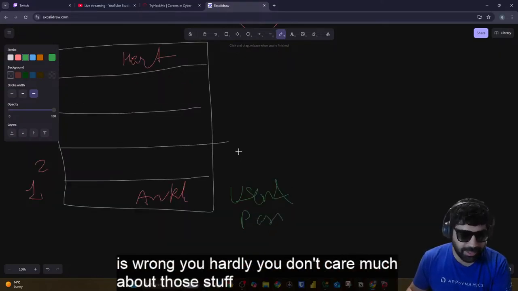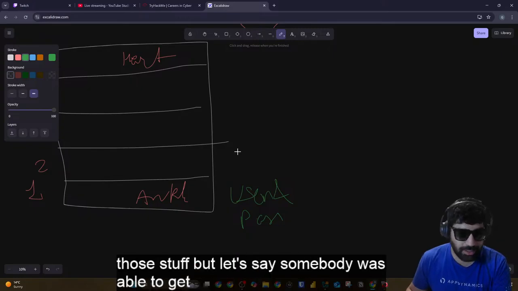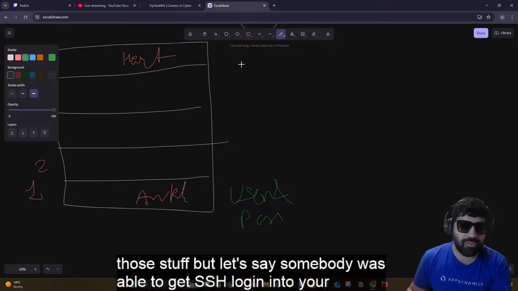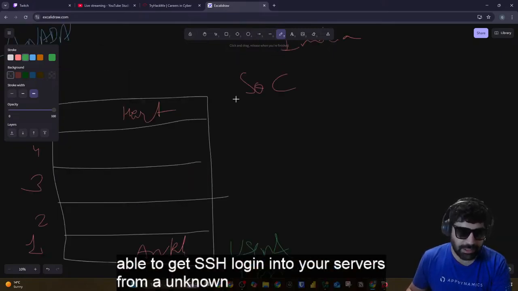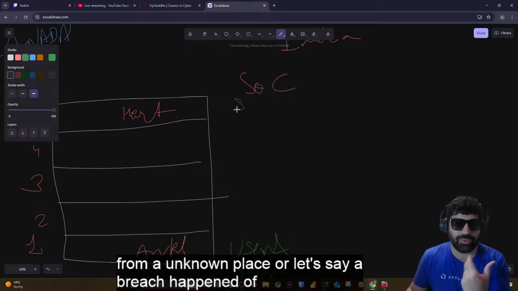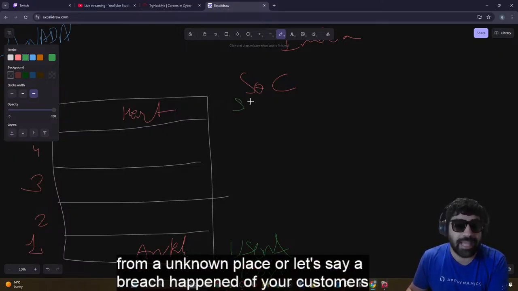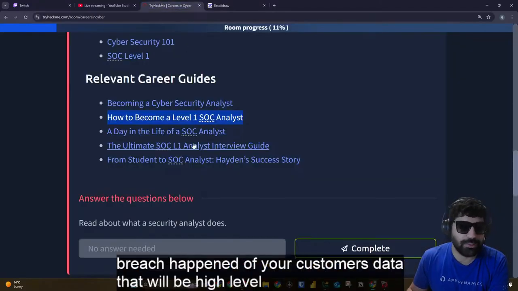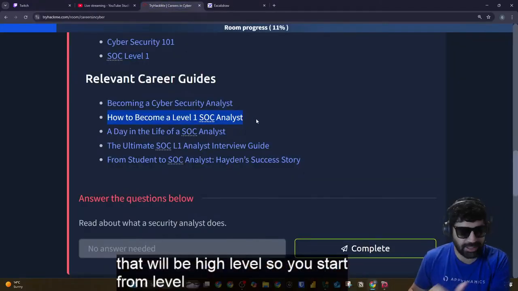But let's say somebody was able to get an SSH login into your servers from an unknown place, or a breach happened of your customers' data, that will be high level. So you start from level 1. That's what it means here.